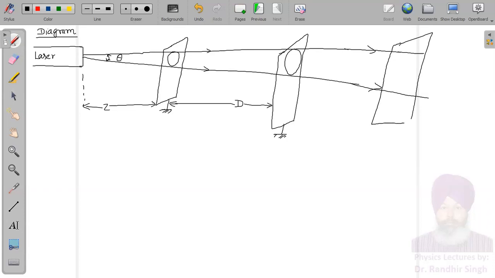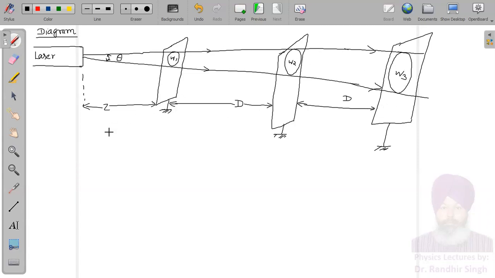So if I move the screen by a further distance D, then if you plot the spot size, spot shape, then this will be the spot shape. You can see the waist size here is W1, here is W2, and here is W3.